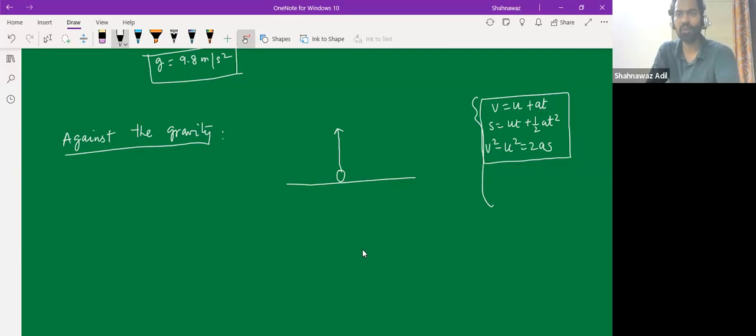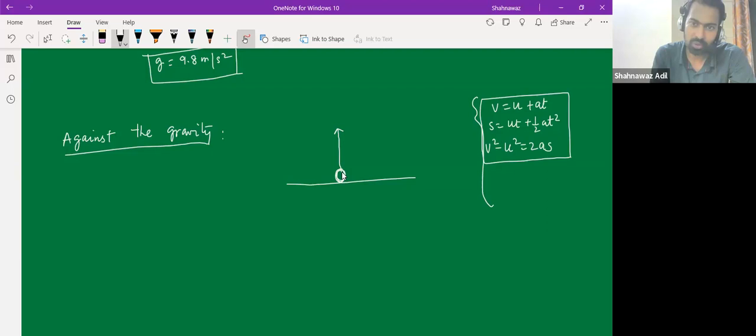So what are the initial conditions that we have? Whenever we throw some object with some speed, we provide some initial speed. That is why it will go upward; it will not go upward when we don't provide any speed.